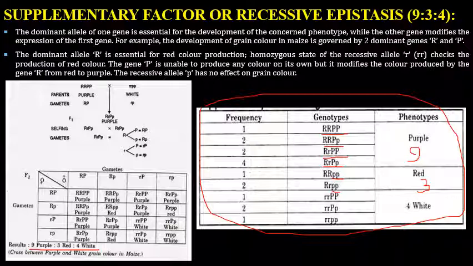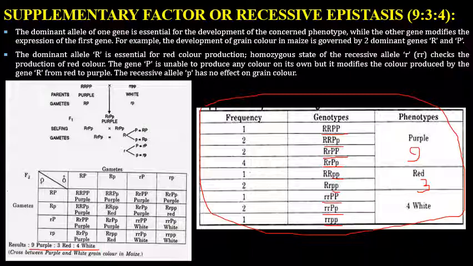The white grain colored phenotype maize plants have genotypes with no capital R gene.